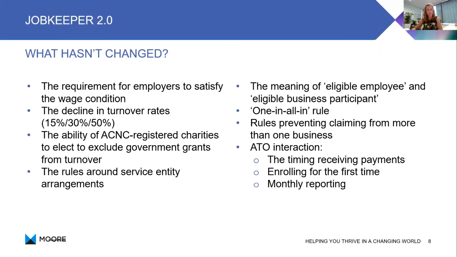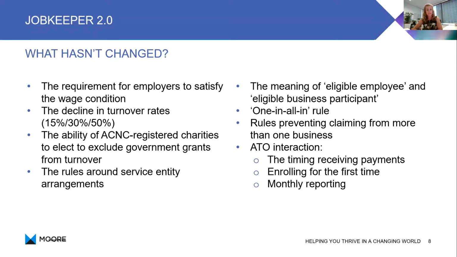There's still the one-in, all-in rule, so there's no handpicking which employees get access to JobKeeper. Once you enter into the system and put employees on JobKeeper, all eligible employees are to be on JobKeeper. There's still the rules around preventing an employee from putting in a nomination notice to more than one business. And the ATO interaction we don't believe is going to change too much. So the time you're receiving payments, there's no information that says that's going to change.